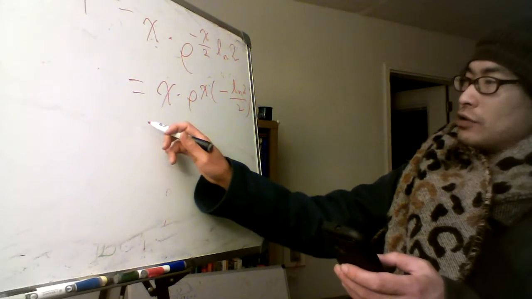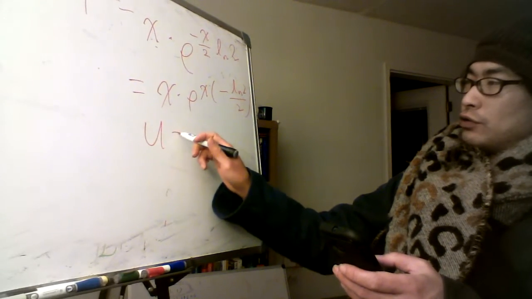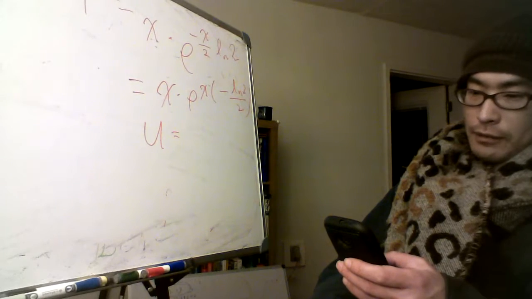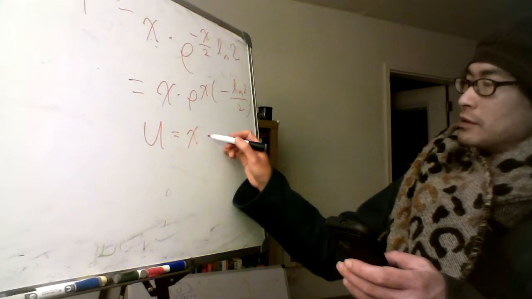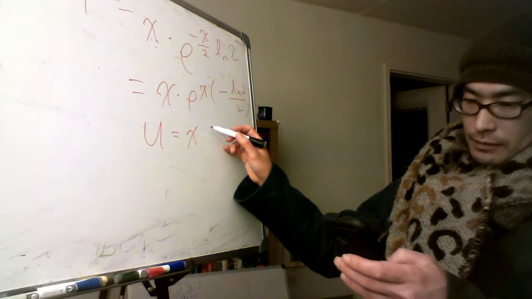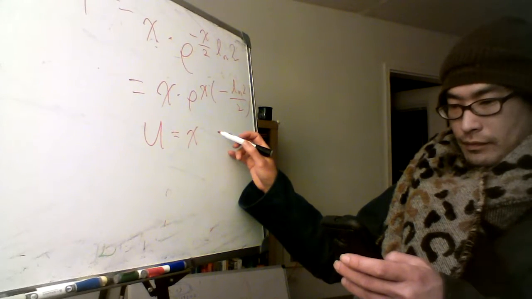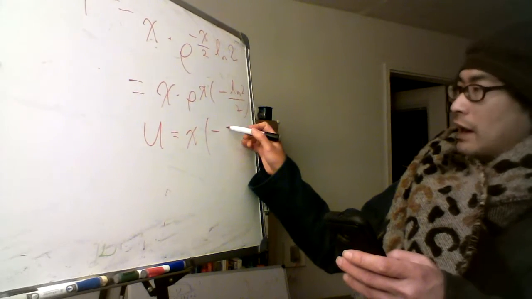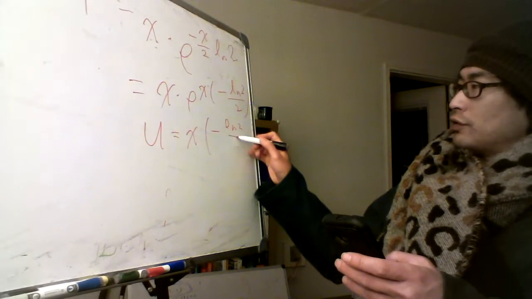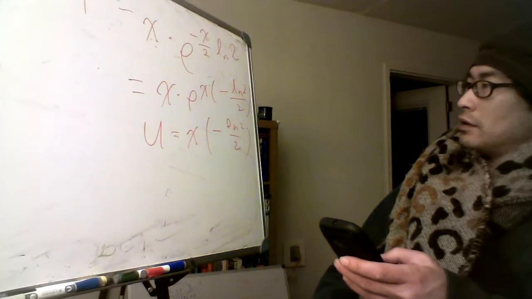He substitutes a new letter, u is equal to x times minus ln 2 over 2, okay? So, yeah.